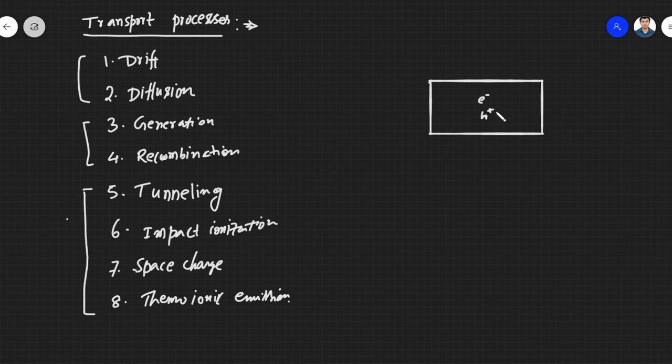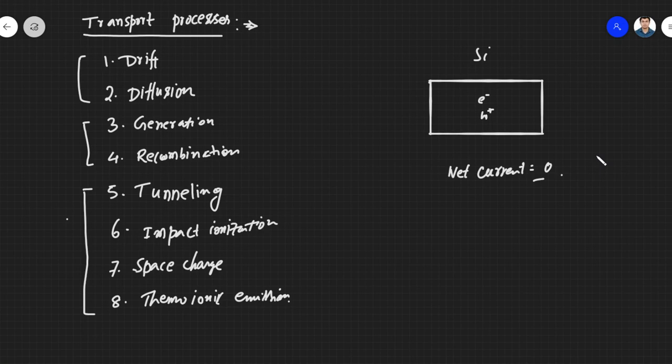So we have both the carriers. Let's say it's silicon, for example. At room temperature, within the semiconductor, these electrons and holes are moving randomly, right? Why are they moving? Because they have thermal energy. Because of the thermal energy, they are moving randomly within the material. So the net current at thermal equilibrium is equal to 0.